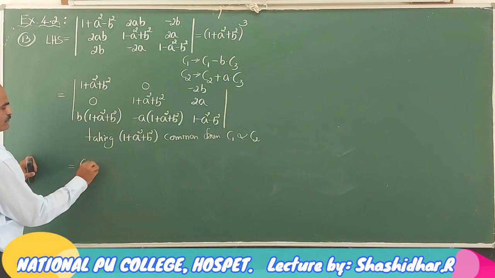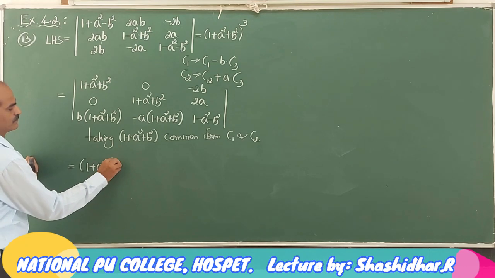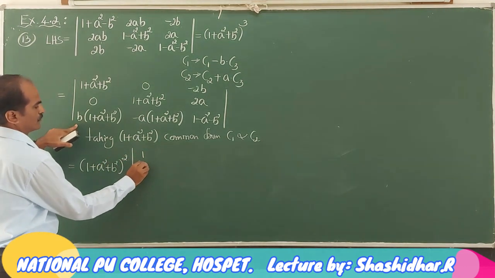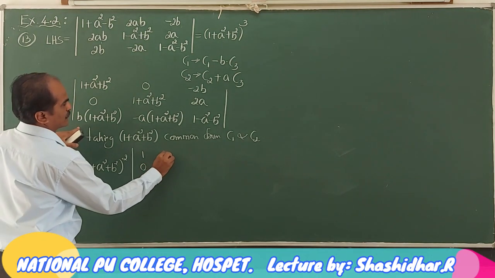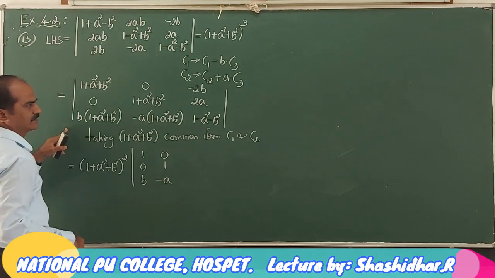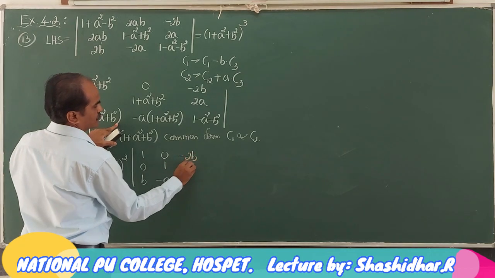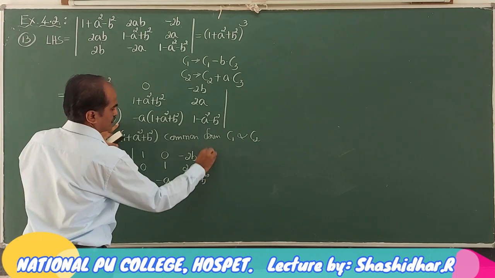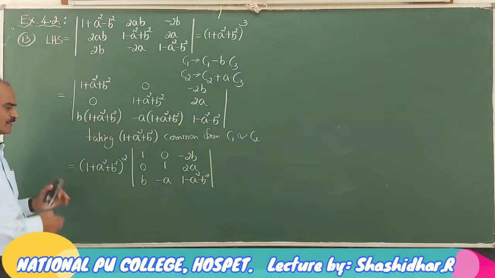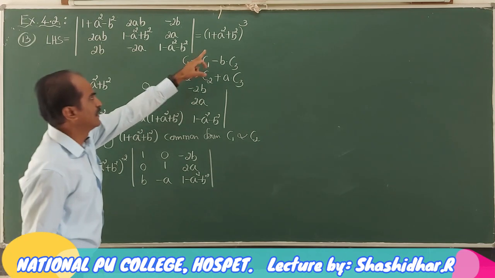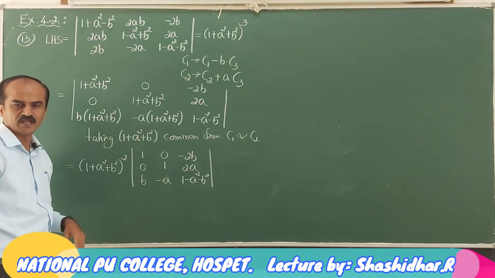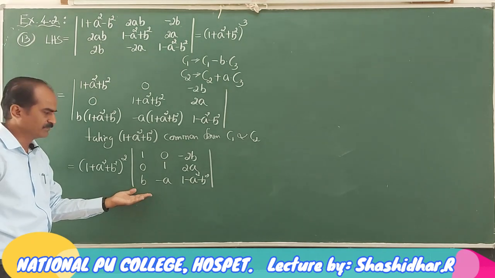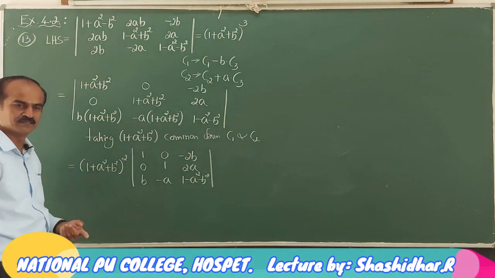So I get 1 plus a square plus b square whole square because two factors are there. In the first column 1, 0, b, in the second column 0, 1, minus a, third column minus 2b, 2a, 1 minus a square minus b square. So two factors are ready. I need to get one more factor. Out of 3, 2 factors are ready. Direct expansion. By direct expansion, you are able to get the other result.